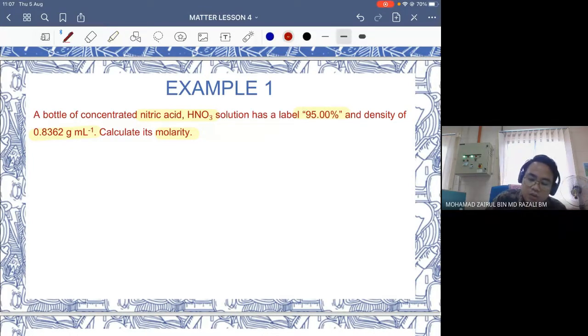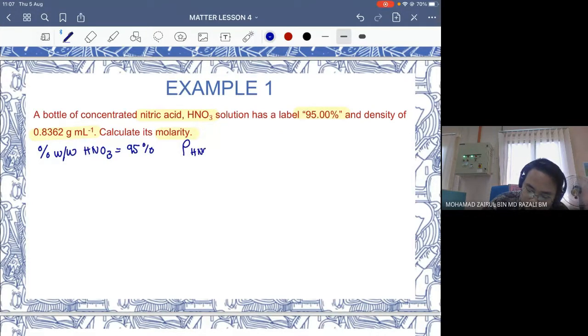The percentage by mass of nitric acid is equal to 95% and the density of nitric acid is equal to 0.8362 gram per ml.